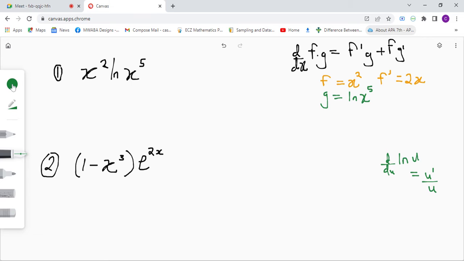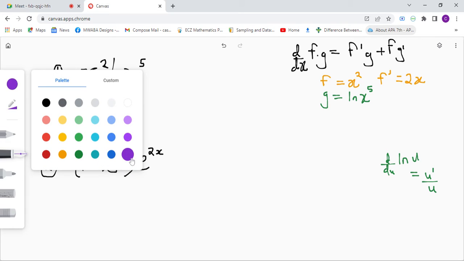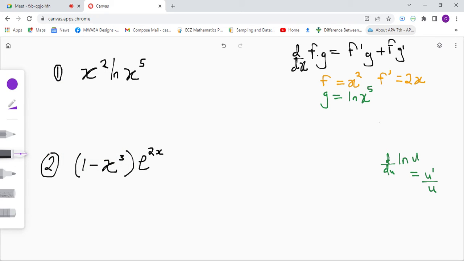For our natural log here, we say u equals x to the power 5. Then u prime, when we derive x to the power 5, is 5x to the power 4. So it's u prime over u.